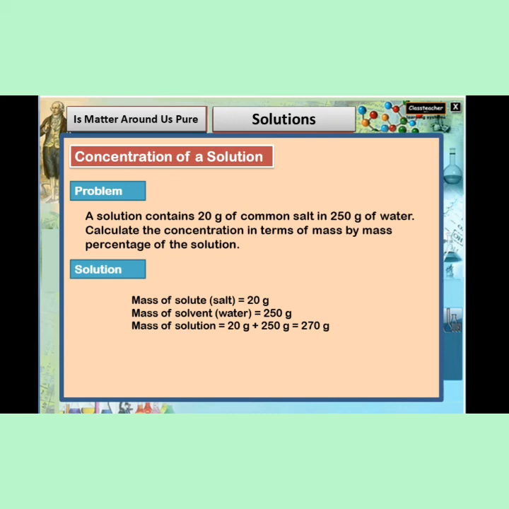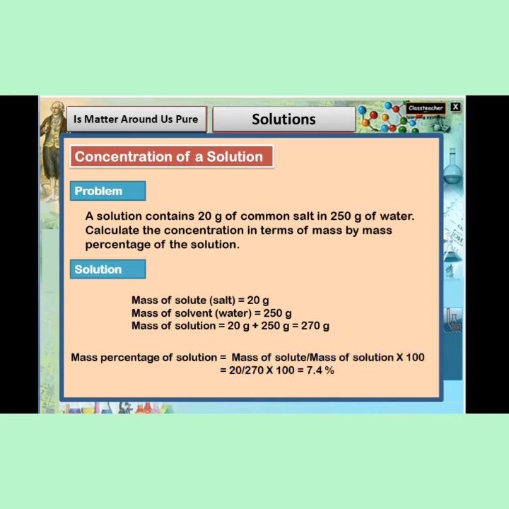So you have to say that the problem is mass by mass percentage. What is the formula? Mass of solute divided by mass of solutions, not mass of solvent, mass of solutions. How can you find the mass of solutions? If you add mass of solute plus mass of solvent, you will easily get the mass of solutions. So into 100, you will get the mass by mass percentage. Now, mass of solution is 20 gram plus 250 gram, which is equal to 270 gram.